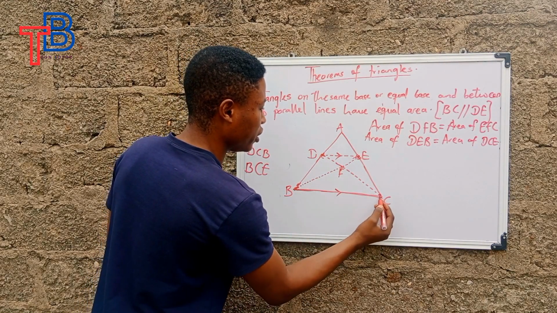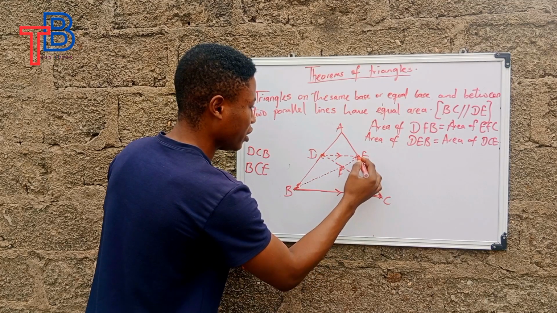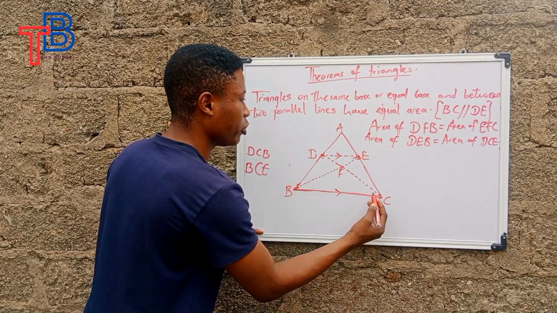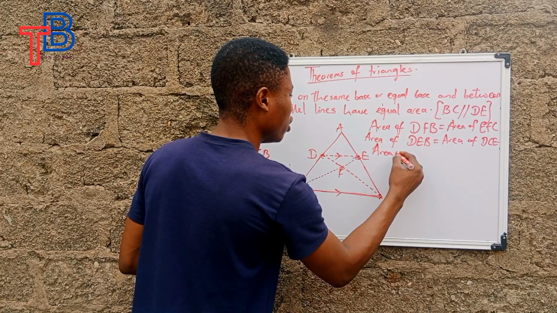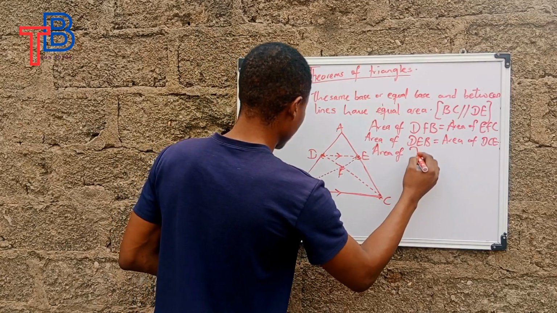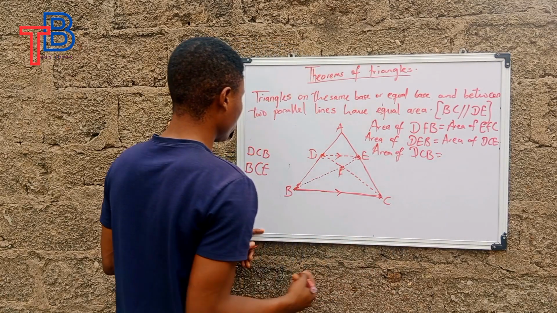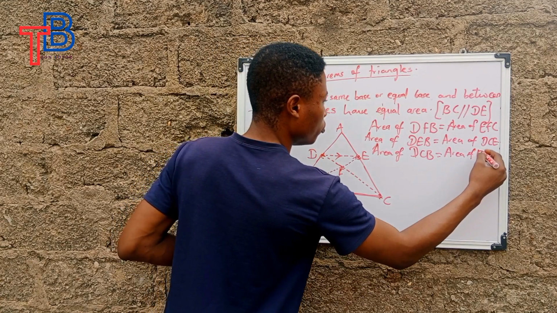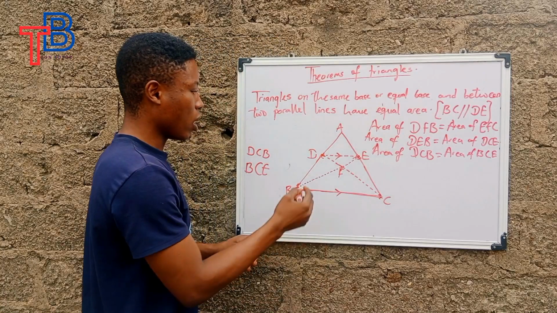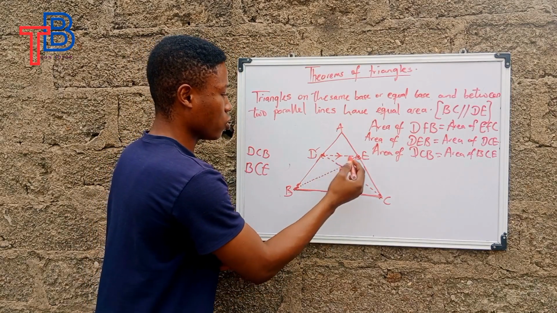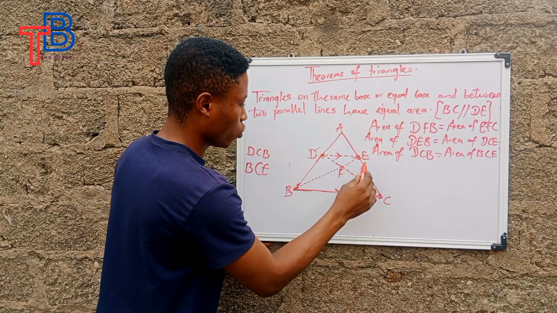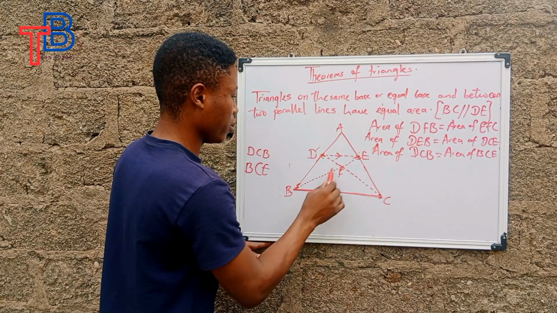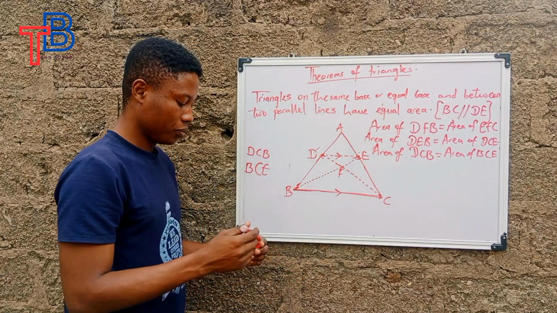They share the same base here and they share this line here. And this one also, the DCE, also shares this line here and this base together. So you can say the area of triangle DCB is also equal to the area of triangle BCE. Yeah, so this is equal to this.